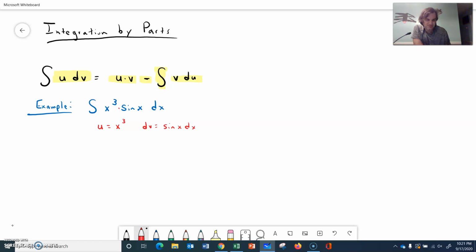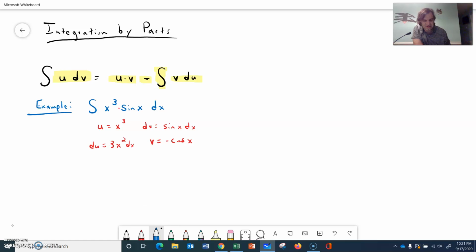So the derivative of u, du, would be 3x squared dx. And the integral of dv would be v equals, and the integral of sine is negative cosine of x. So we integrated the dv and we took the derivative of u.